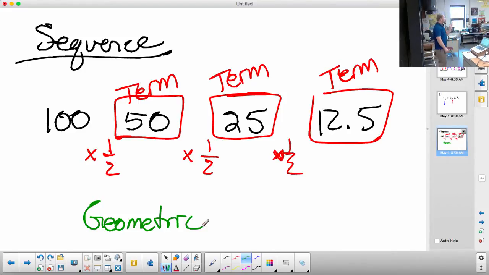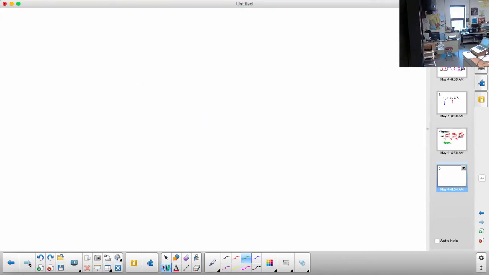If I multiply by 1/2, that's the same thing as dividing by 2. It's just how you look at it. If I divide by a fraction, then I'm multiplying.